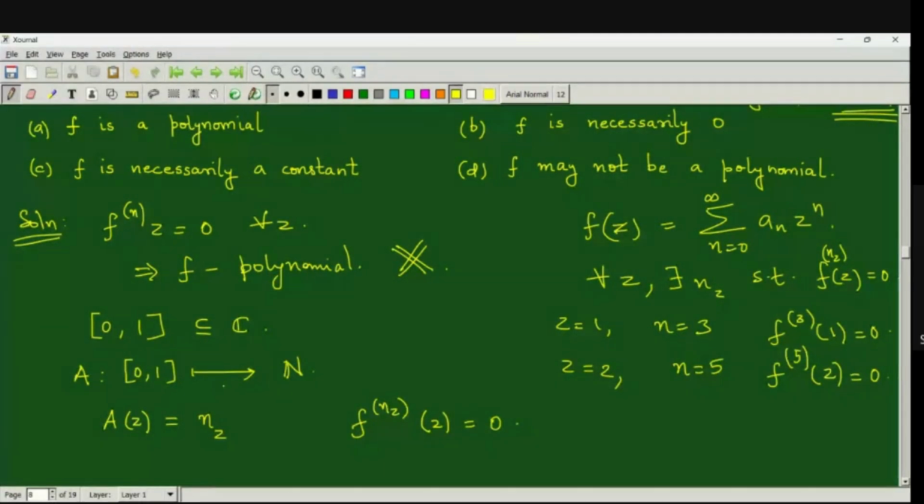Now look into the thing. A is a map from an uncountable set to a countable set. Right?